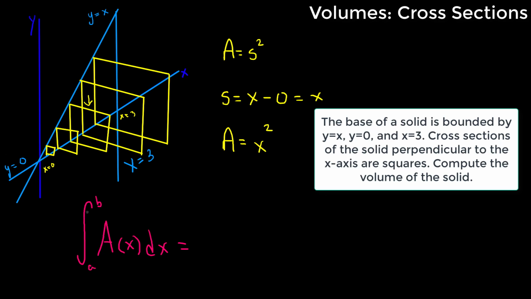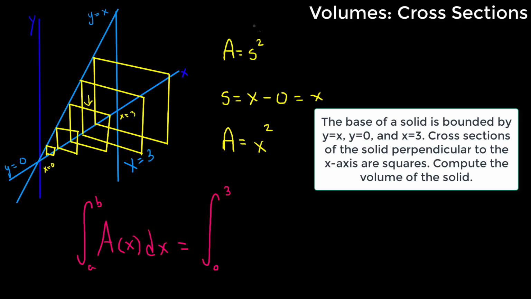And this works for every single one, whether it's disk, cross-sectional areas, washers, shell method, doesn't matter. We are computing the definite integral from the lower to upper bound of the area function with respect to x. And we will do so after we slice and formulate. So our lower bound here was 0, x equals 0. That's where it intersects on the left, and we see that it intersects on the right at x equals 3.